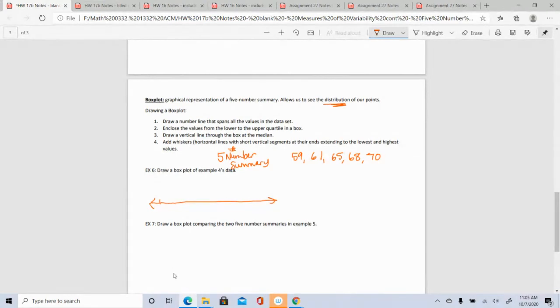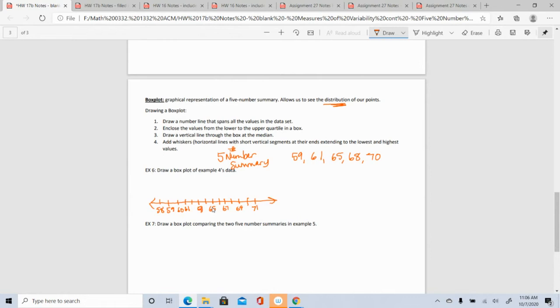You don't have to, but maybe start at 58, 59, 60, 61, 62, 63, 64, 65, 66, 68, 69, 70. At least go up to 70. So that's 61. I'm going to skip some numbers so that I can fit them all on here.